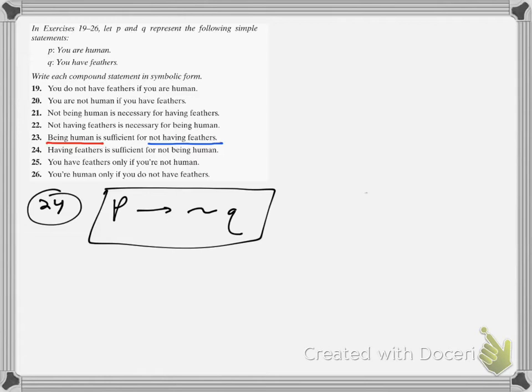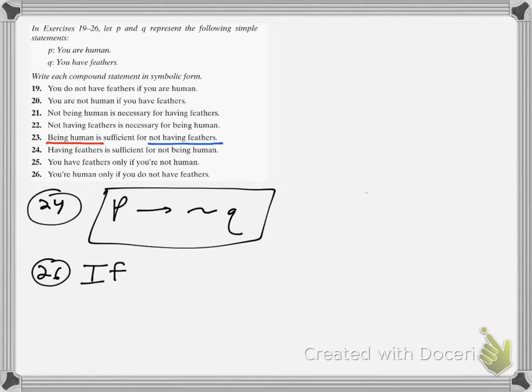Okay. Now 26 is kind of interesting. You're human only if you do not have feathers. You're human only if you don't have feathers. So what does that mean? That means, basically, you're human only if you do not have feathers.